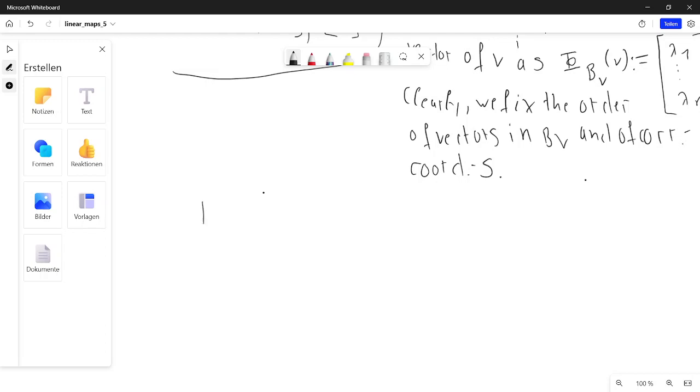All right. Definition. Let's call it L again. Let L from V to W be linear. And now in this definition, we do not put any restrictions on the dimension of V and W, because it's unimportant for this definition.